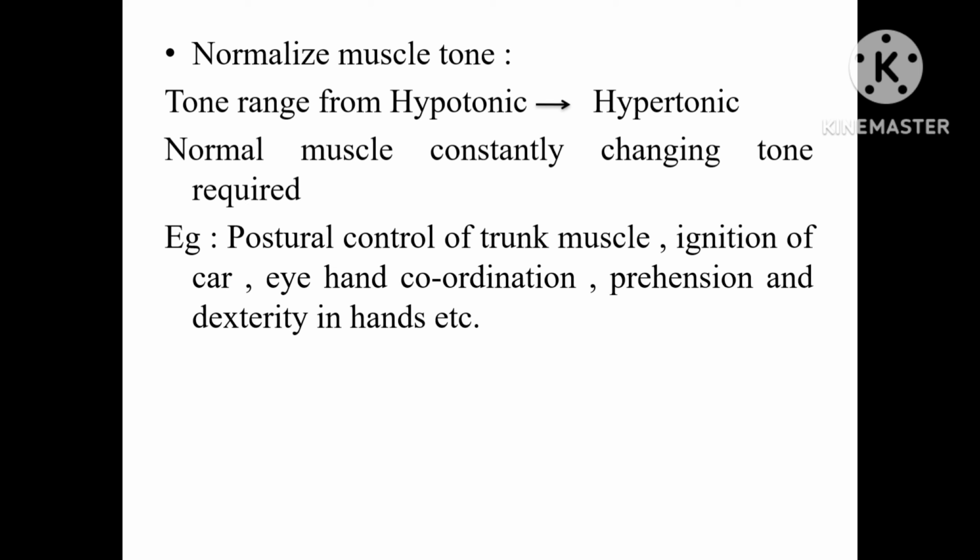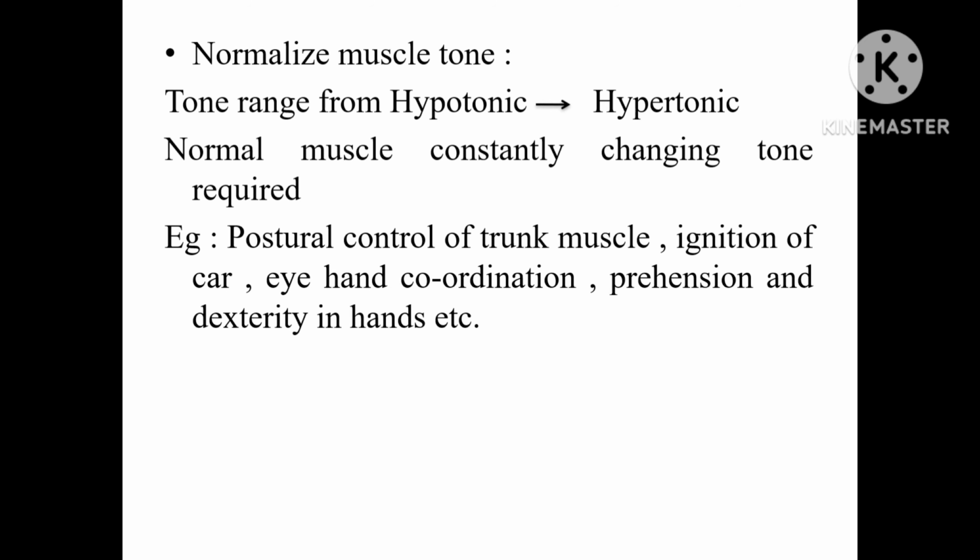For performing precision movements, for example ignition of a car, eye-hand coordination, precision and dexterity in the hands, writing, etc., it will require a different amount of tone in different muscles to perform a coordinated movement. So for all of these tasks, normalization of tone is very important.